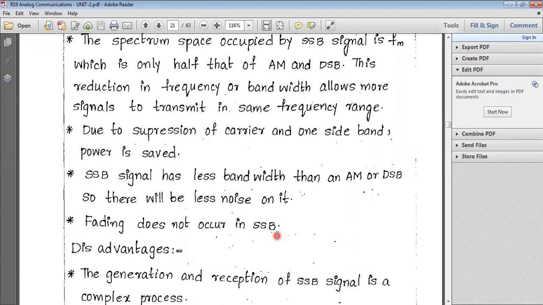What is fading? Fading is a variation of attenuation of a signal. We already know that if the signal travels longer distances, the signal is attenuated. What is meant by attenuation?